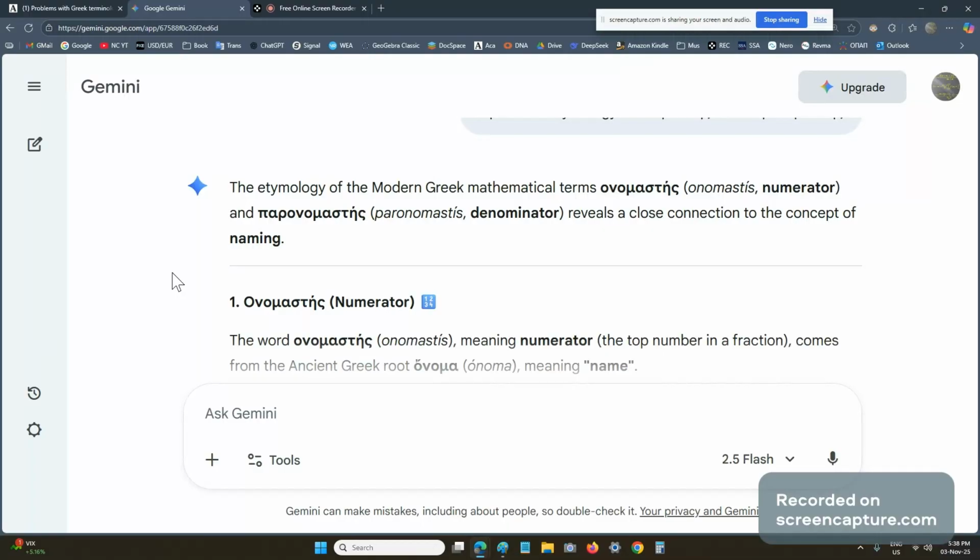But we're going to look at this closely now, and I'm going to show you that those names are inappropriate because the entire fraction is the name. Not just the numerator or the denominator, the entire fraction is the name.